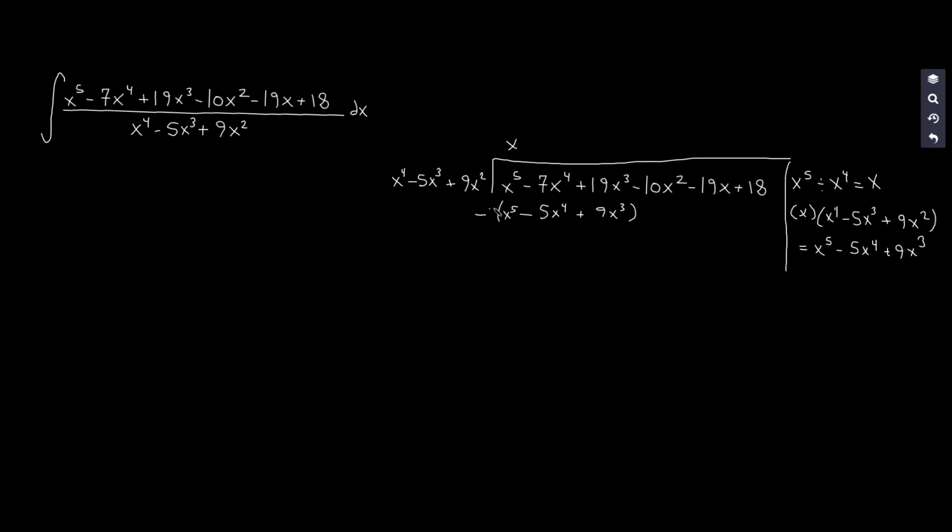So distribute. Well, this is going to be x plus x raised to the fifth plus 5x raised to the fourth minus 9x raised to the third, right? And then I'm just gonna get rid of that. Wait a second.